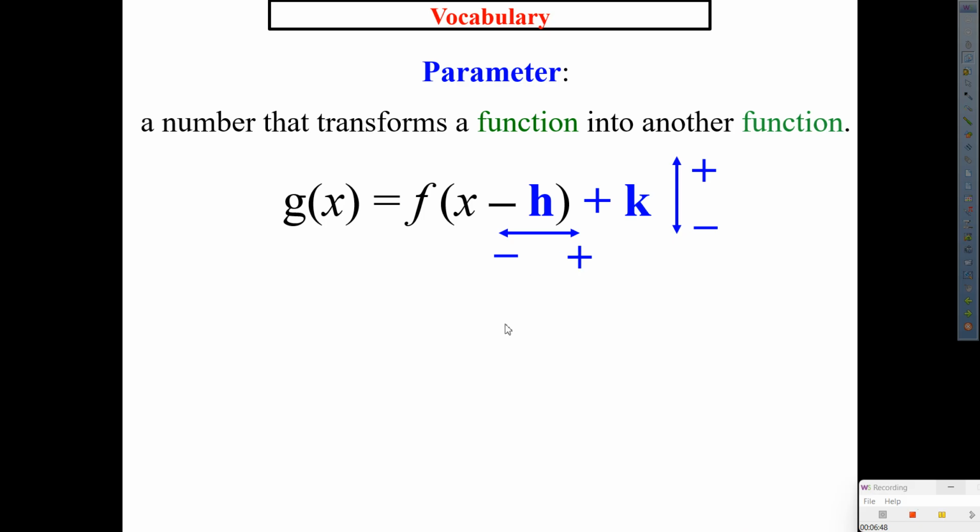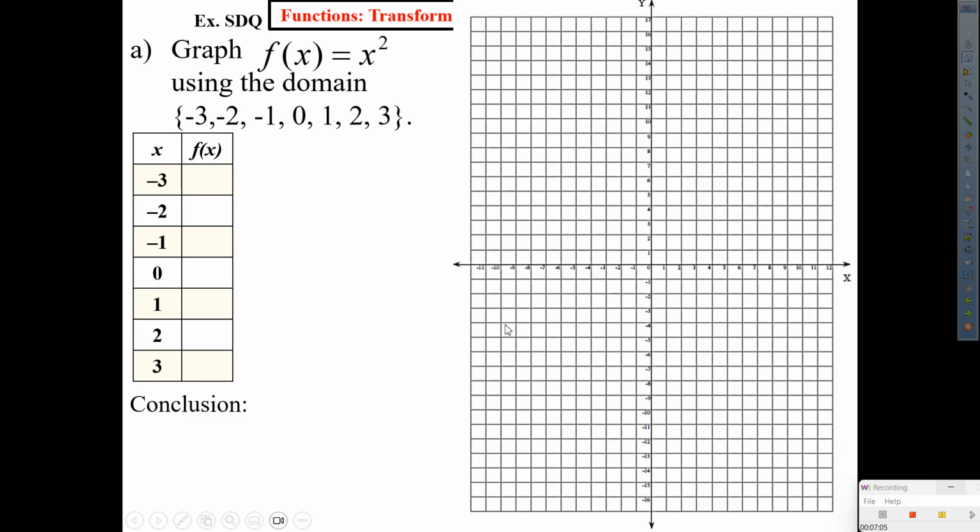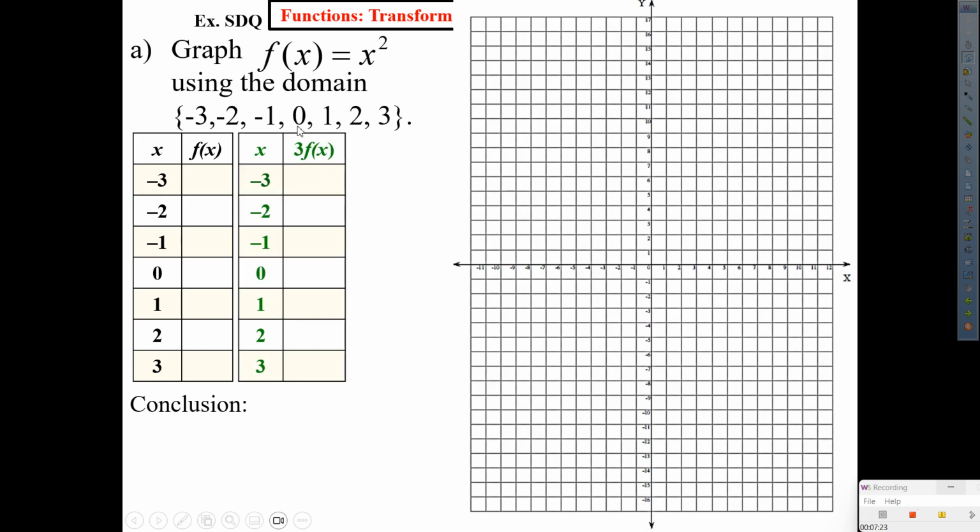With that said, get in front of you a graph paper. At the top left, I want you to write example super duper Q, and it says graph f of x equals x squared using the domain -3, -2, -1, 0, 1, 2, 3. You're going to copy this table. Look up. Then you're going to copy a green table right next to it like that.